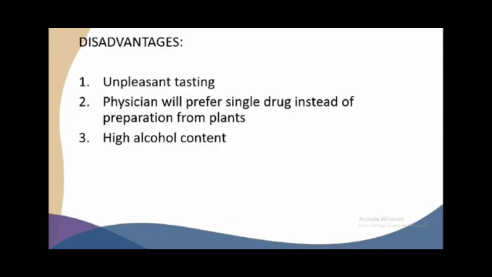Lastly, the disadvantages of the tinctures is they have an unpleasant taste. So they are becoming a thing of the past already. Parang hindi na siya ginagamit ngayon because of its bad taste. So instead of oral tinctures, most people nowadays use the topical tinctures.